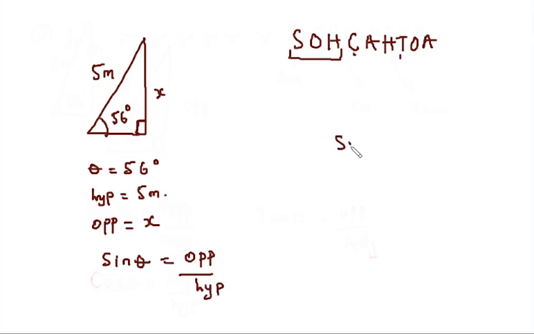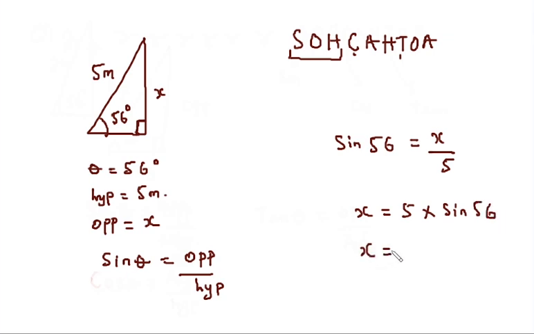Remember theta is 56 degrees, so sine 56 degrees is equal to x divided by the hypotenuse, 5. If we cross multiply, we have x is equal to 5 times sine 56, which is 4.15 meters.